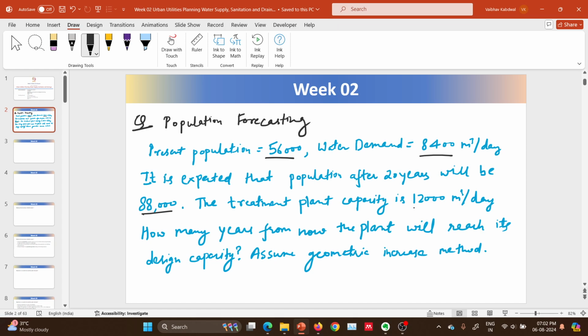The treatment plant capacity is 12,000 meter cube per day, and it is asked after how many years from now the plant will reach its design capacity, and we have to assume the geometric increase method, which means geometric rate of growth.